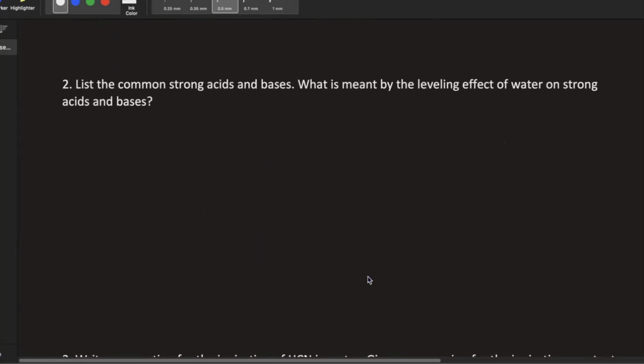The next problem says, list the common strong acids and bases. What is meant by the leveling effect of water on strong acids and bases? So the first thing we're going to do is list the common strong acids and bases. We can find out what the strong acids are by using our mnemonic.